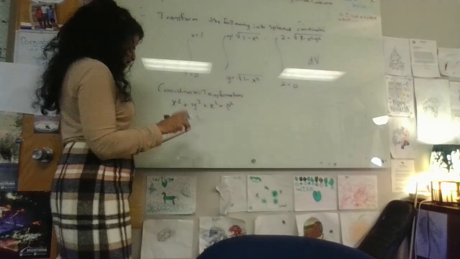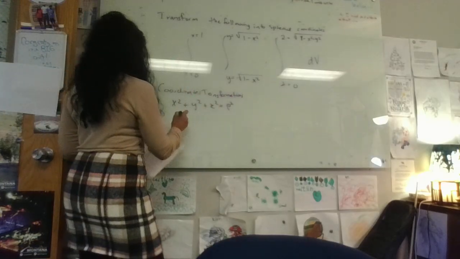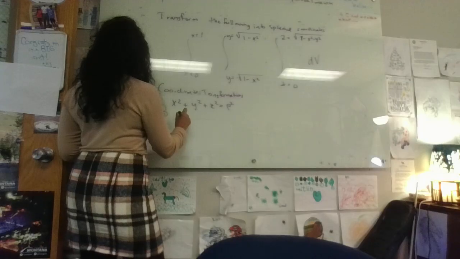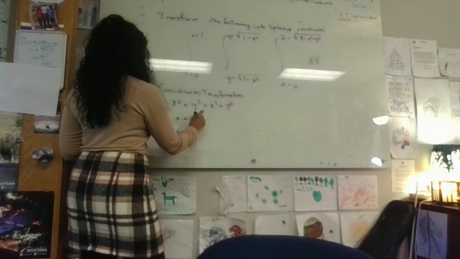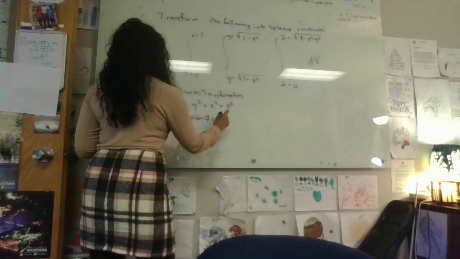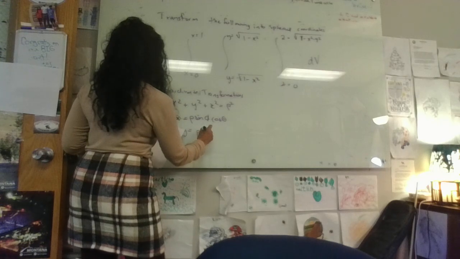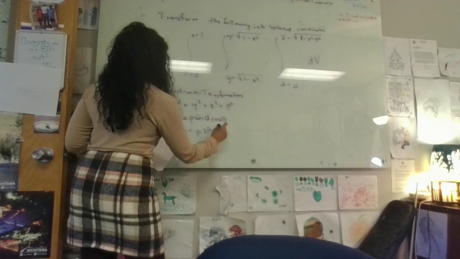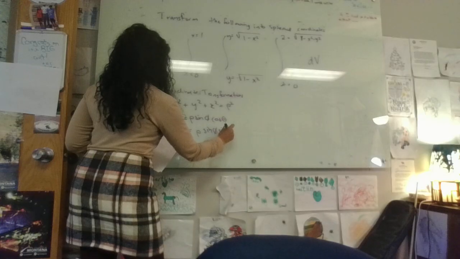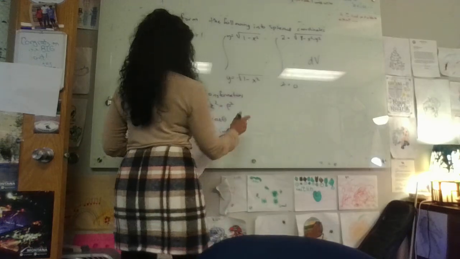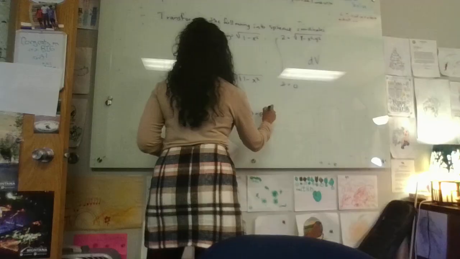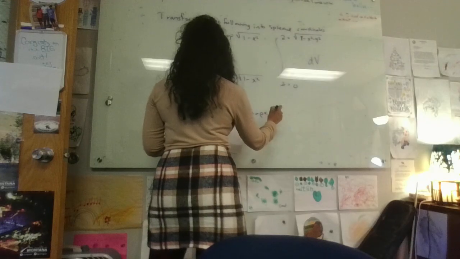That's one. And then you have x is equal to rho sine phi cosine theta. y is equal to rho sine phi sine theta. And then you have z is equal to rho cosine phi.